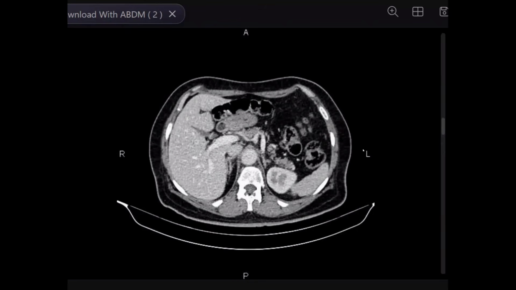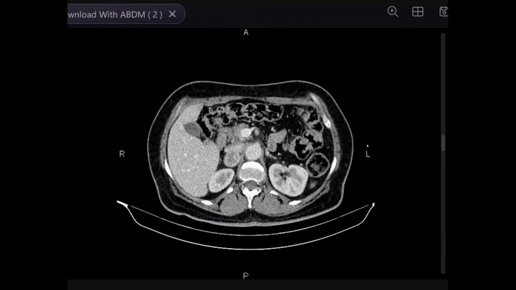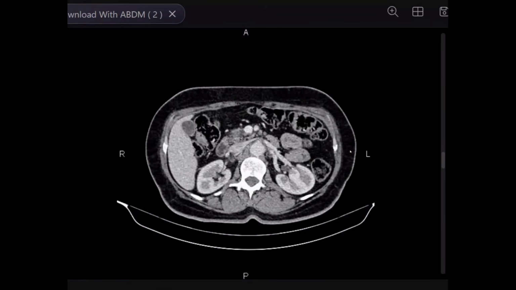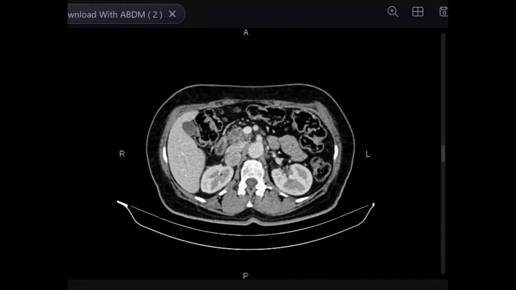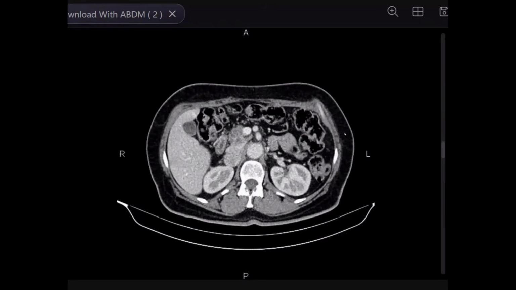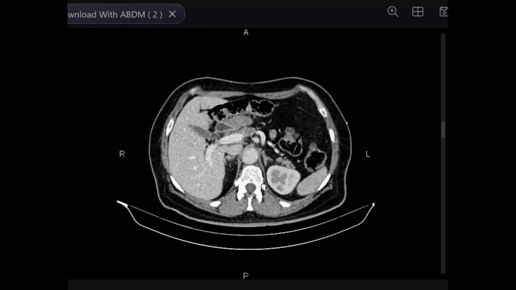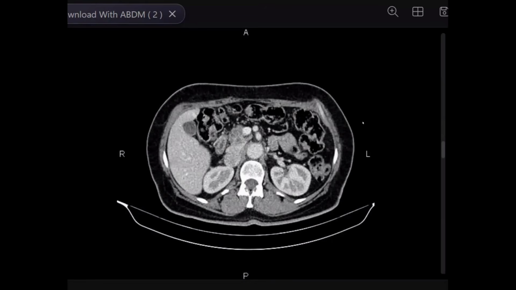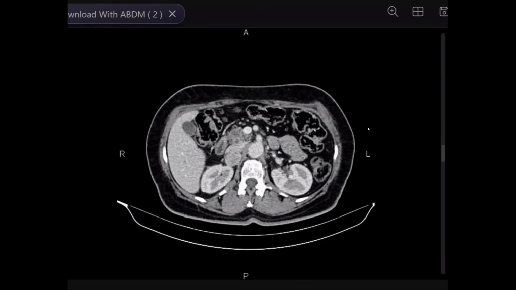It is separate from the right adrenal gland. It is abutting the anterior cortex of the right kidney, but there is a fat plane between them, so it doesn't look like it's arising from there. It is causing some mass effect on the IVC and is in close contact with it.